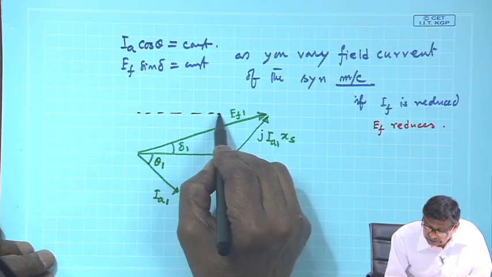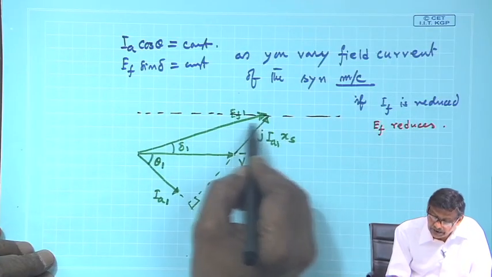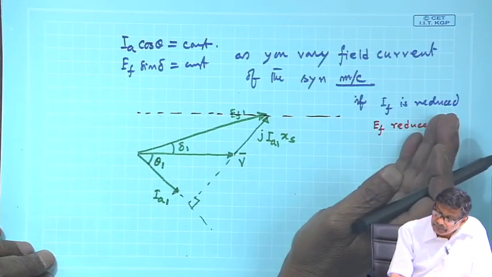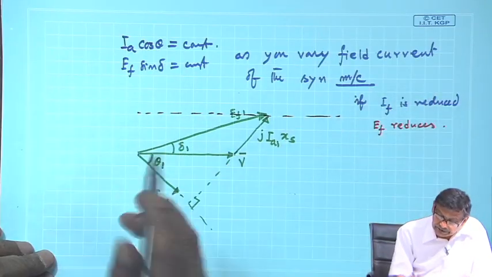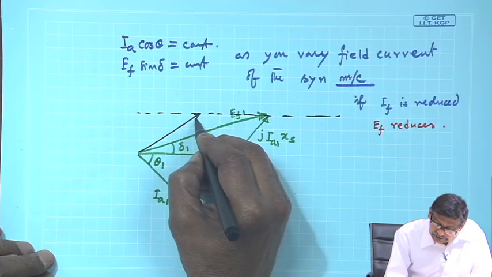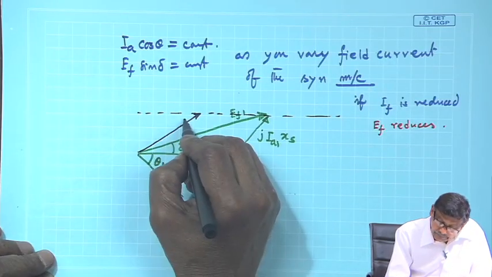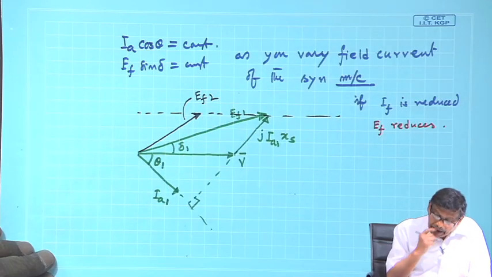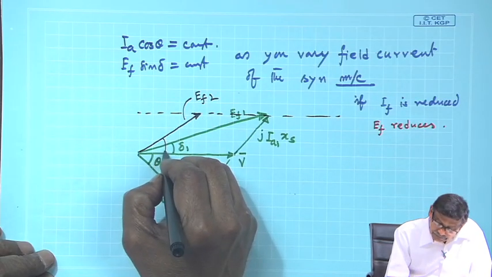So, draw a line like this. The tip of E_f must lie on this line. So, if you have reduced I_f, your E_f2 will be here, and your new delta will be this.